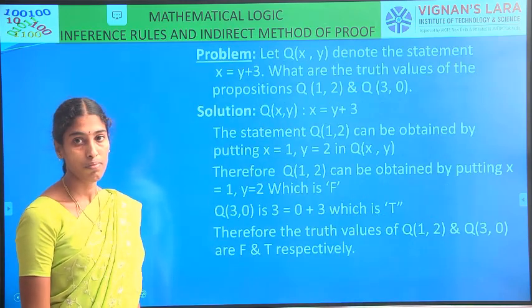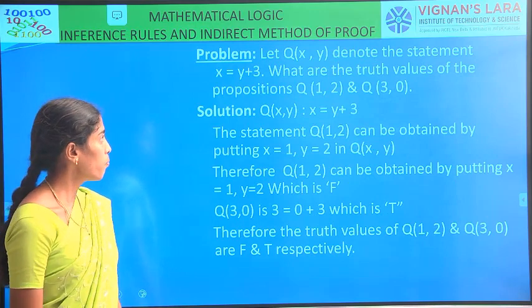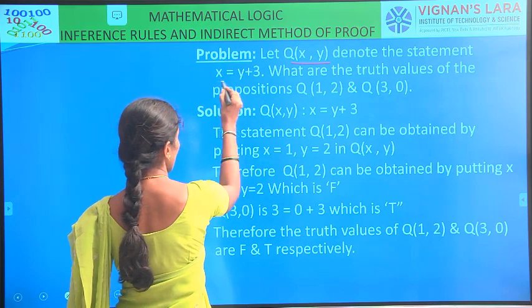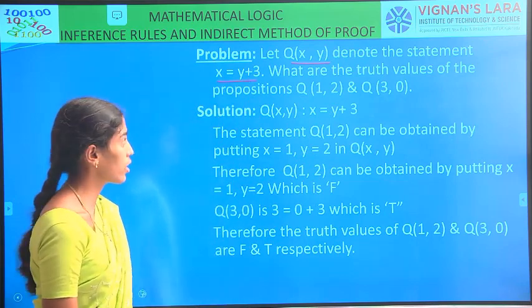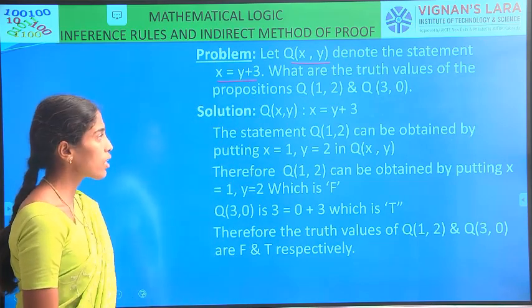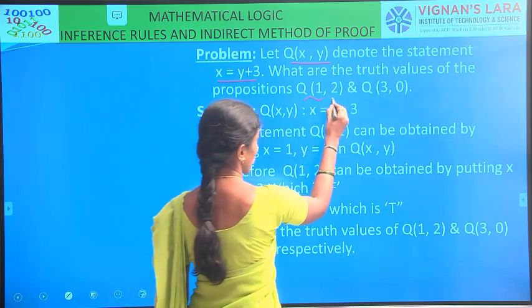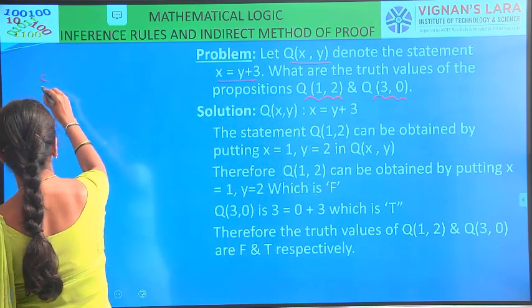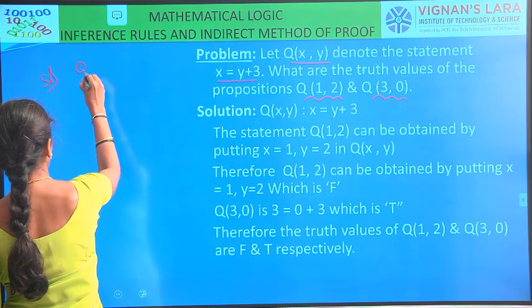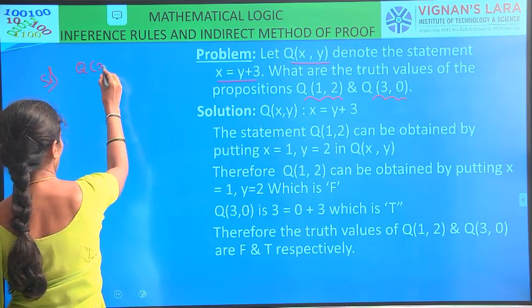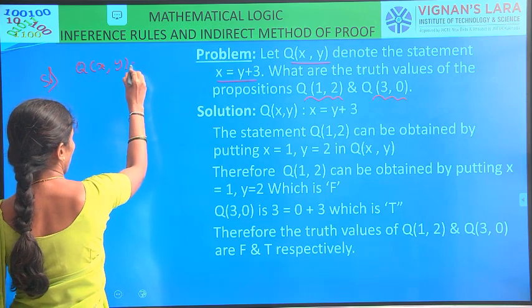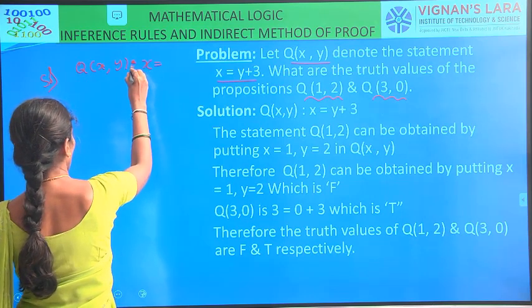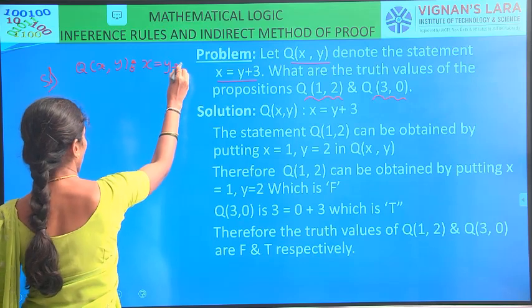Right? Now we will see the problem. Let Q of x, y denote the statement x is equal to y plus 3. What are the truth values of the two propositions? What are the propositions? Q of 1 comma 2. We will see here. What is Q of x comma y? Which is x is equal to y plus 3.